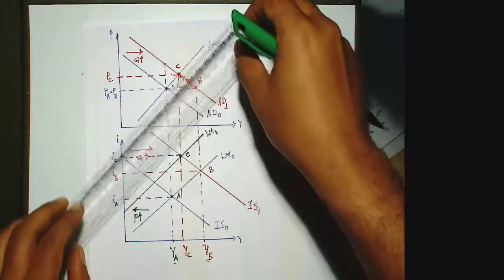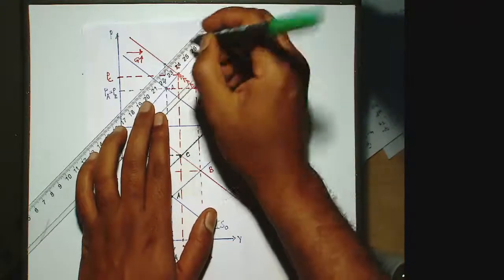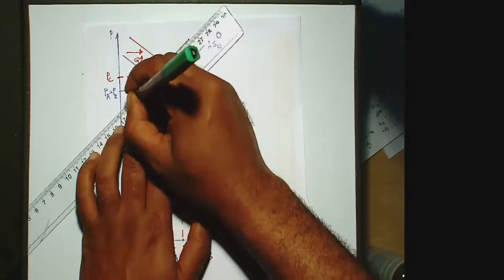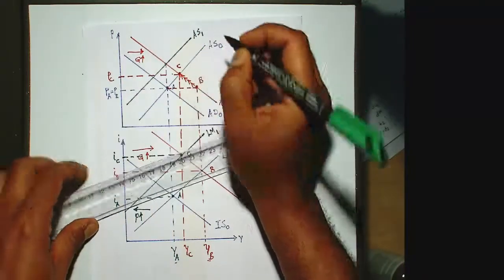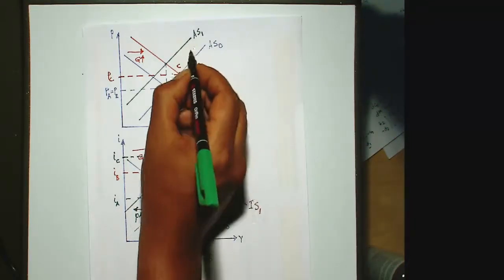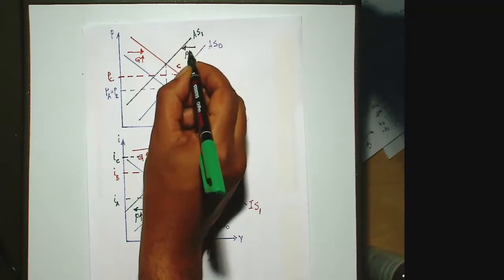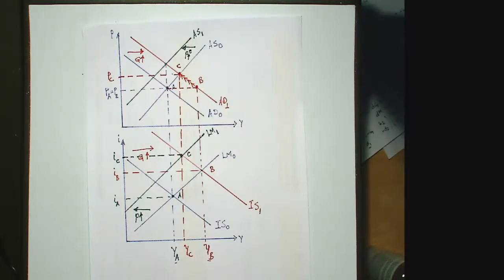So that is reflected in a move of our aggregate supply curve from AS0 to AS1. The move from AS0 to AS1 is actually caused by the increase in price expectation here.